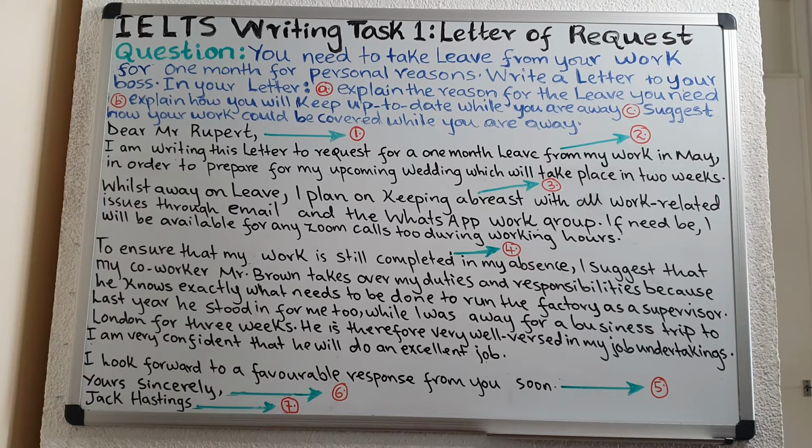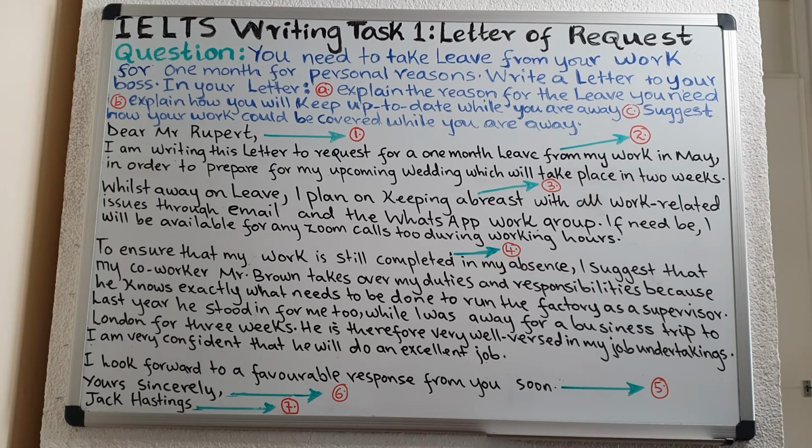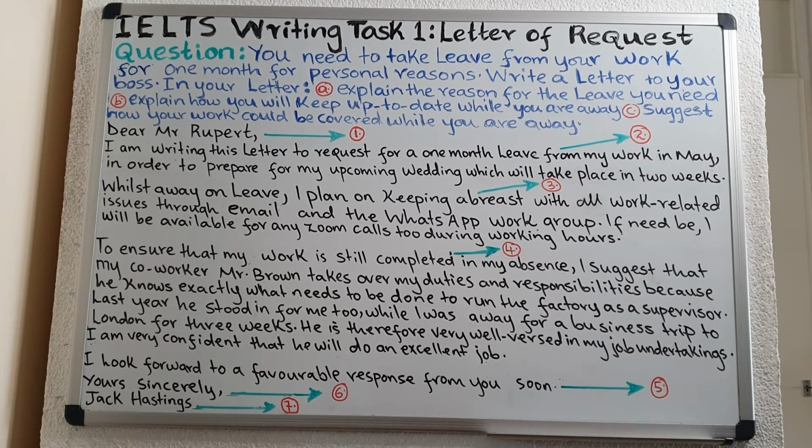So you should spend 20 minutes on writing Task 1. Spend about 3 to 5 minutes planning and then the rest of the time writing. Always leave 2 minutes to check your letter for spellings or grammar mistakes. Remember, you will need a full 40 minutes for Task 2, so don't go over 20 minutes for Task 1.